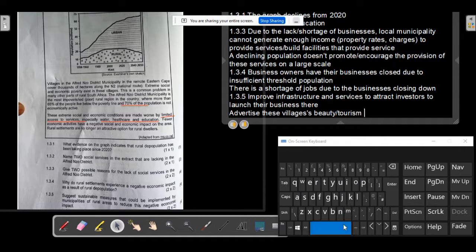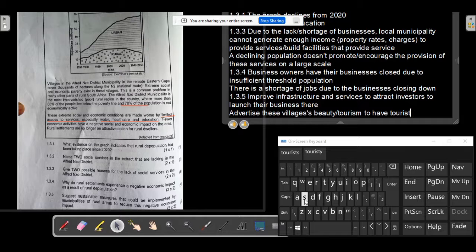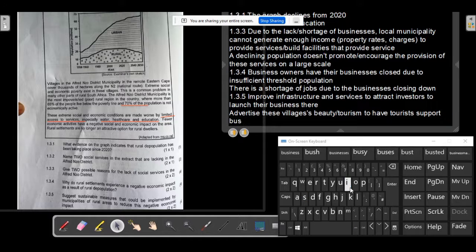Maybe I should have rather said promote tourism, so that we can have tourists spending their money there, supporting the businesses, and possibly maybe invest.